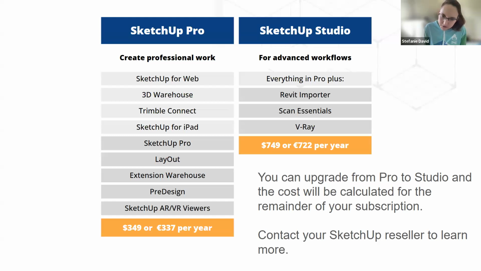So please do reach out to your SketchUp local reseller to learn more. And again, we did get some questions of whether this recording is going to be shared. We will make sure that this information is shared with you through your local reseller.